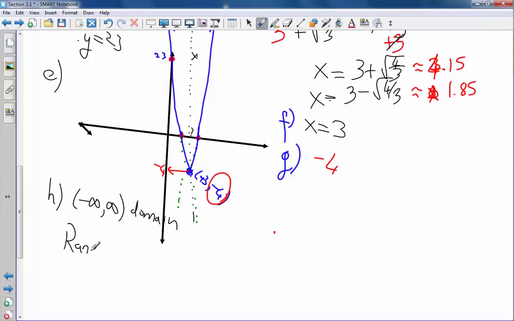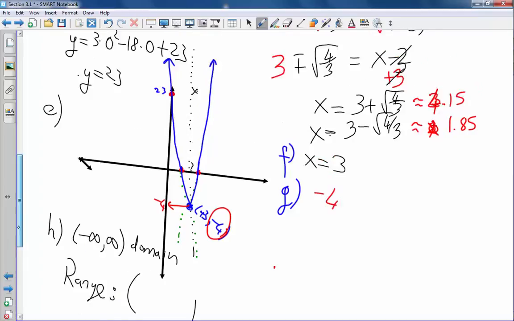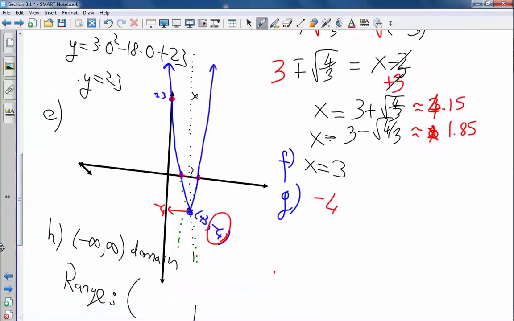Range varies from function to function. And your best friend for range is pictures. This picture. Smash it to the y-axis. Compress to the y-axis. And look at the image it forms. It starts down here and goes up.